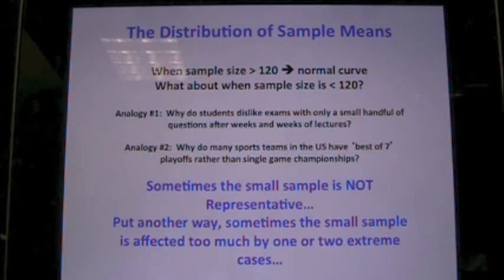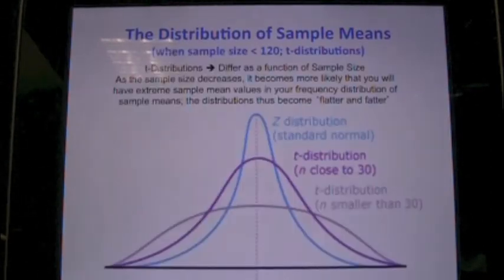Small sample sizes can sometimes be inordinately affected by outlier values. And that's what the t-distribution is all about. Sometimes the small sample size is not representative. And this is sort of a graphic depiction of that.